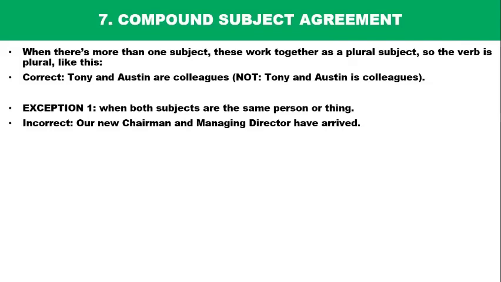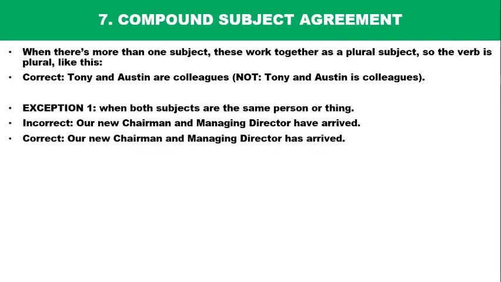They are not two persons. It's one person. So you can't use the plural verb. Okay? And the correct thing is to say our new chairman and managing director has arrived because both subjects refer to the same person. Okay?